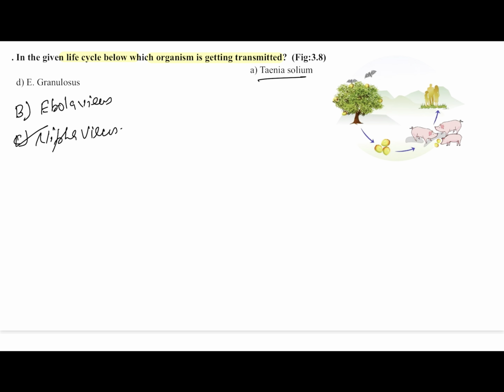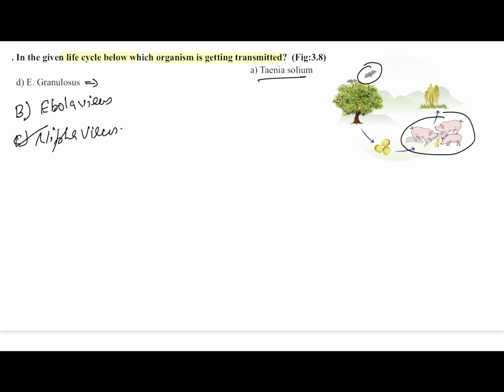If anyone drinks palm juice or eats infected fruit, they will get Nipah virus, and the intermediate host is the pig. Even if a pig eats this, then a person eats that pork, they will also get infected. So if you have pig and bat, the most probable answer will be Nipah virus.